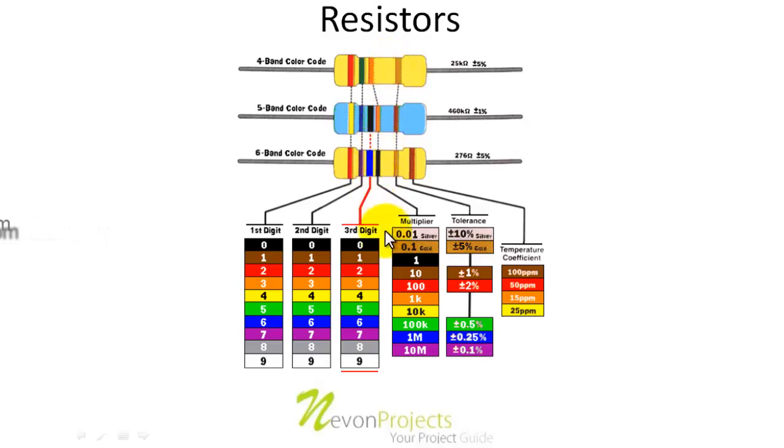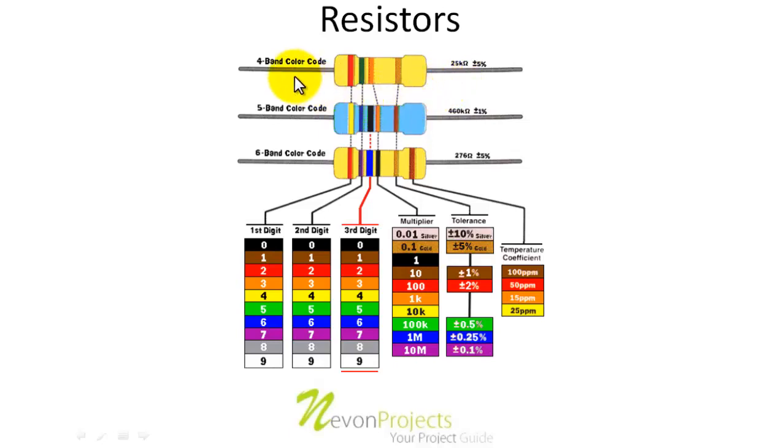For gold we have 5% tolerance, so this resistor is 25 kilo ohm with a tolerance of 5%. Tolerance means that the resistor value may vary between plus 5% and minus 5% of 25 kilo ohm. So this is how a resistor value is calculated using the color bands.